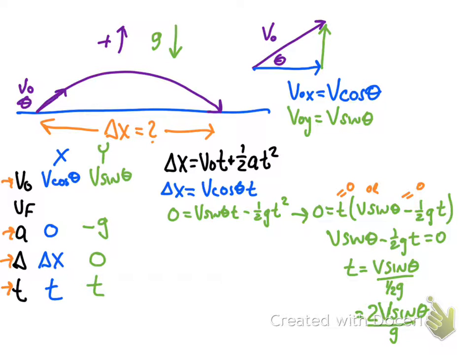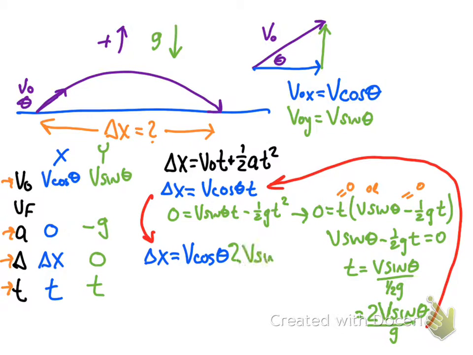Remember, that's time, and we're going to substitute that into the x equation, and we get delta x equals v cosine theta t, but we use our new value for t. In this, we have 2 cosine theta sine theta. 2 sine theta cosine theta is a trig identity. If you remember way back to doing trig identities, the idea is that there are relationships between these.